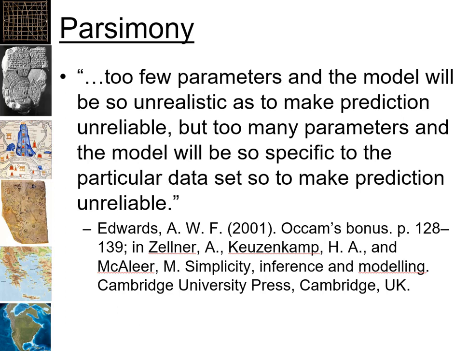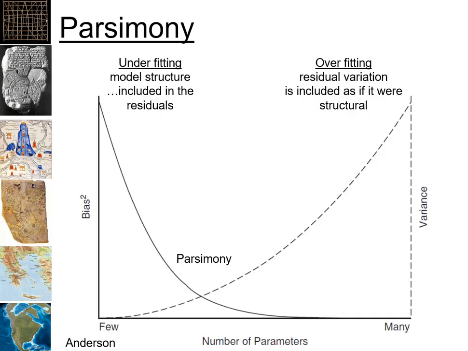So it's this balance in complexity and fitting to our data. That's represented by this graph, where over here we have very few parameters, okay? And we're going to be underfitting our model, because our model will then contain structure that's included in the residuals.